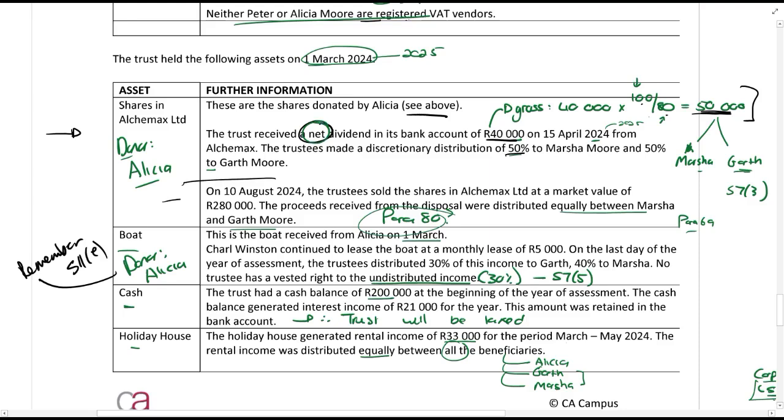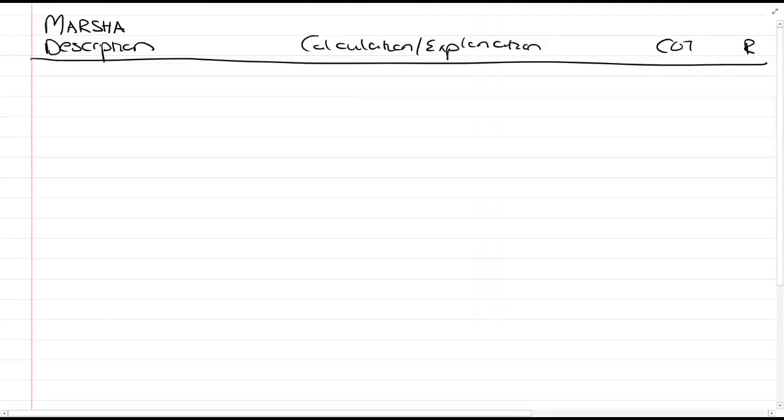Right. And then they sold it on the 10th of August. So let's just hold on for the sale. Let's do the dividends first, and let's start. It goes to Garth and it goes to Marcia. So let's go to Marcia here and we say Alcumax.